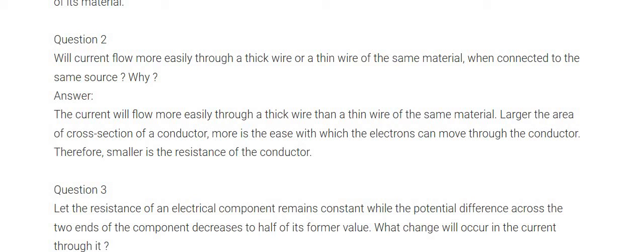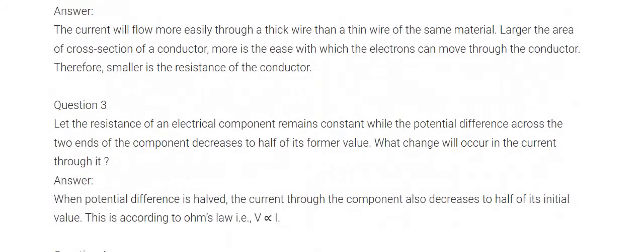The current will flow more easily through a thick wire than a thin wire of the same material, because R is inversely proportional to the area of the conductor. So the larger the area of cross section of the conductor, the more the ease with which electrons can move through it. Therefore, the smaller is the resistance of the conductor.